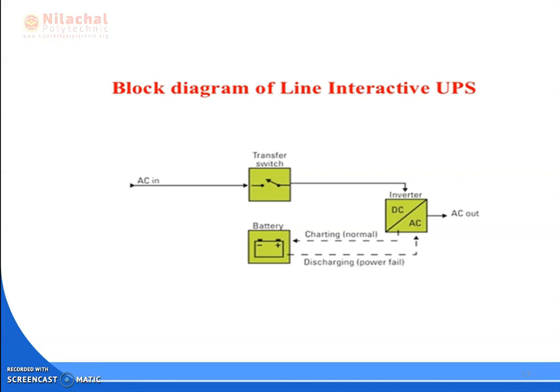Rather, it will take the current from the battery. It will discharge the current from the battery and convert it from DC to AC, and we will be able to use the AC output. So this was the full explanation of the line interactive UPS.